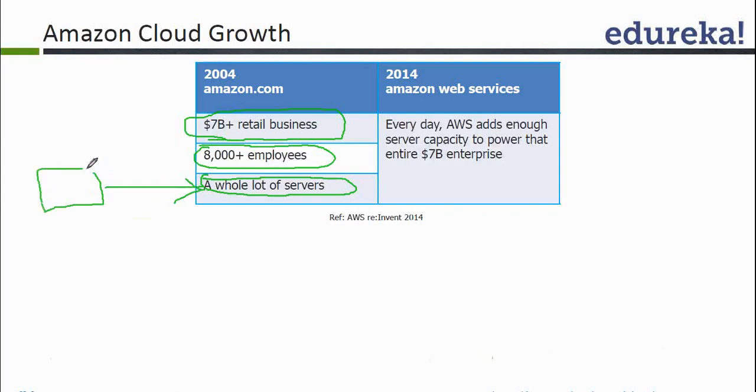Similar infrastructure Amazon is adding to their data center every day. Every day they add enough to sustain one company which can run a $7 billion business. Now imagine the power of this, and this is every day, right? So in a year, that's why I say it's virtually unlimited infrastructure from Amazon.